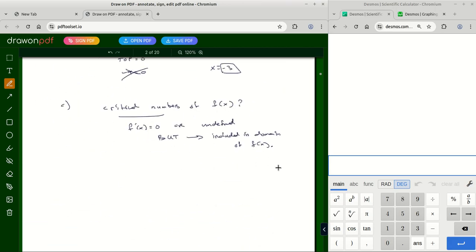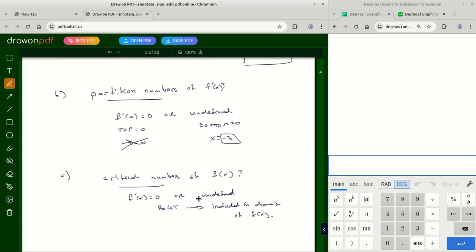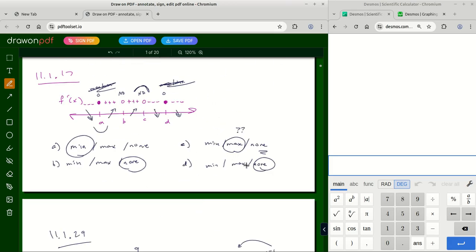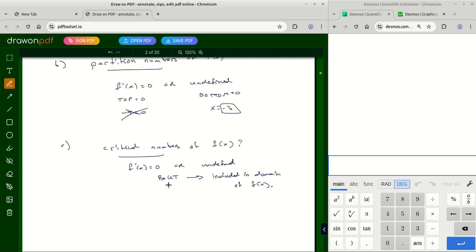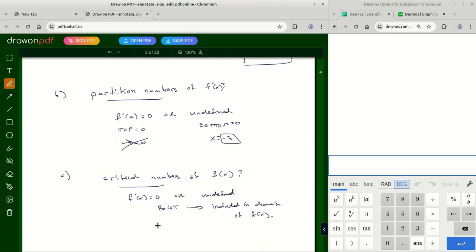Anyways, I know if you're not catching what I'm saying, multiple choice, all right? And then down here, basically just do it normal. We're just going to say if it doesn't work, it doesn't work. My original was that 9 over x plus 3. And the only number that could work is right here. So these partition numbers are the critical numbers, except that we have to have this extra criteria.